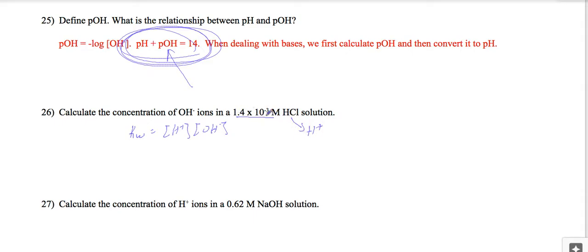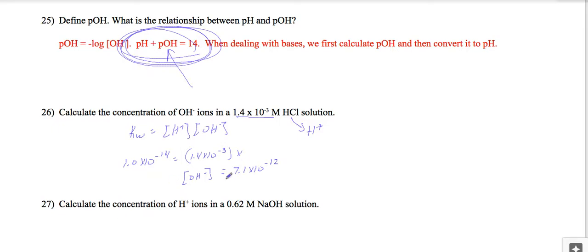Plug in this for the hydrogen ion concentration, and we plug in 1.0 times 10 to the minus 14th for water, 1.4 times 10 to the minus 3rd times x, and then we can solve for the hydroxide ion concentration. It turns out the hydroxide ion concentration is going to equal 7.1 times 10 to the minus 12th. They're inversely related. One goes up, the other one goes down.